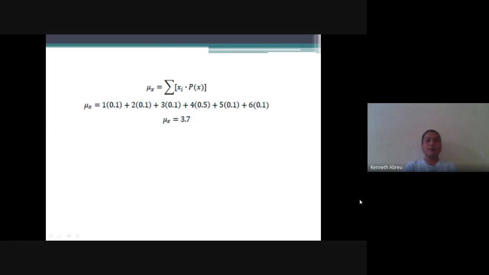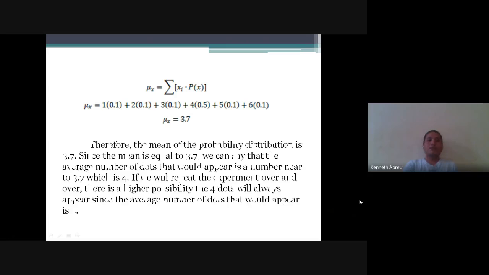Therefore, the mean of the probability distribution is 3.7. We can say that the average number of dots that would appear is a number near 3.7, which is 4. We round up the answer because there is no 3.7 in a single roll of a die.